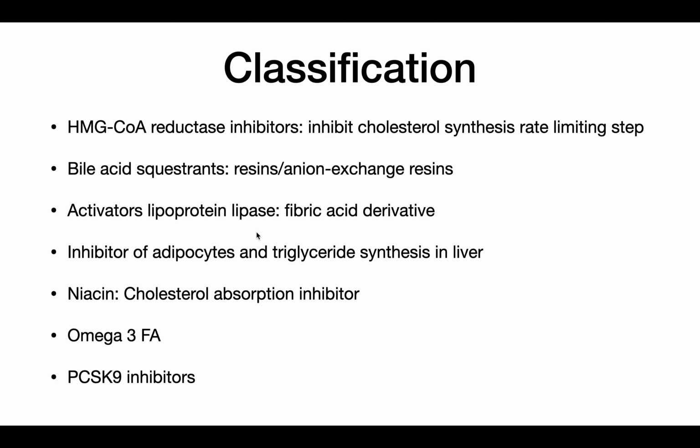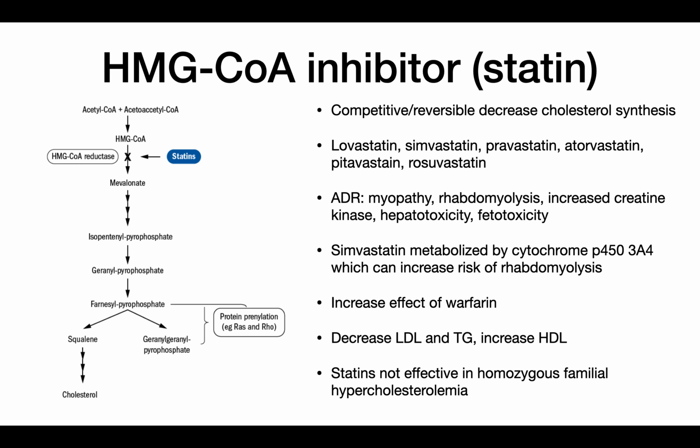Niacin is going to be your cholesterol absorption inhibitor. And omega-3 fatty acids are actually proven to reduce the amount of triglycerides and cholesterol in the blood. Not as much as these medications above, but enough to keep you in good shape if you are borderline, right? And there are the PCSK9 inhibitors.